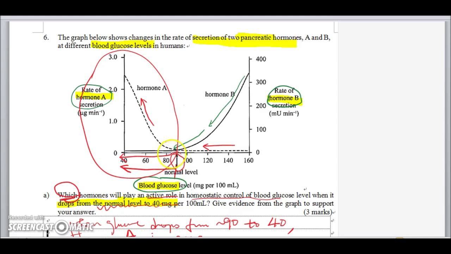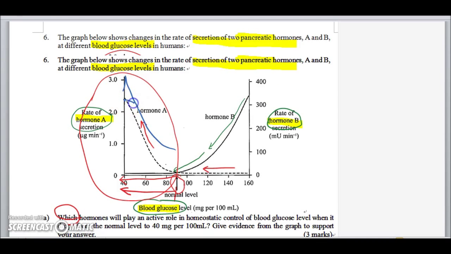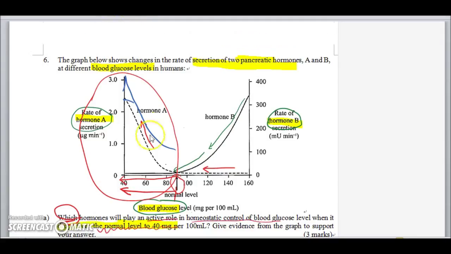So when the glucose level drops from normal, that is around 90, to 40, what happened to the hormone there? Hormone A, the concentration goes up. And for hormone B, what happened to hormone B? It just remains at a very low level, no changes at all.